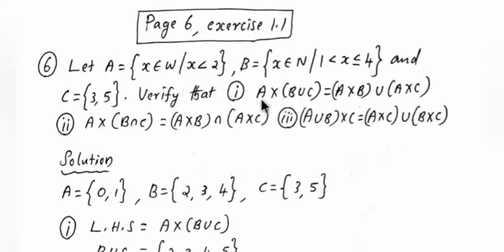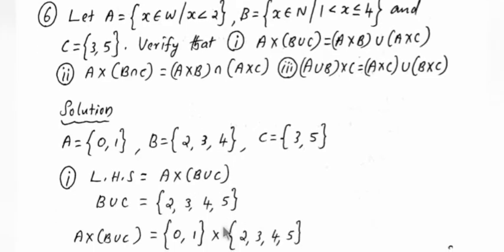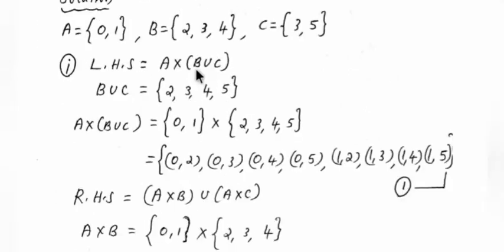Then first problem, take LHS. LHS is equal to A × (B ∪ C). First find B ∪ C. Union means join the elements of B and C. Here, these are the elements of B, these are the elements of C. Just join these elements.